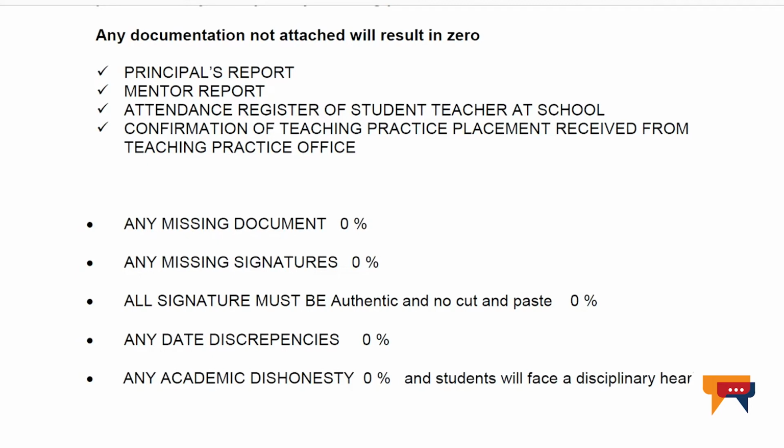What are the documents which you need to attach? A principal's report, a mentor report, the attendance register of the student teacher at the school, and confirmation of teaching practice placement received from the teaching practice office, which sends this to your MyLife email address.